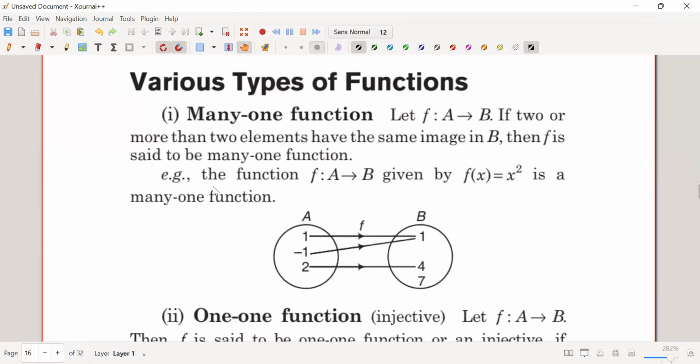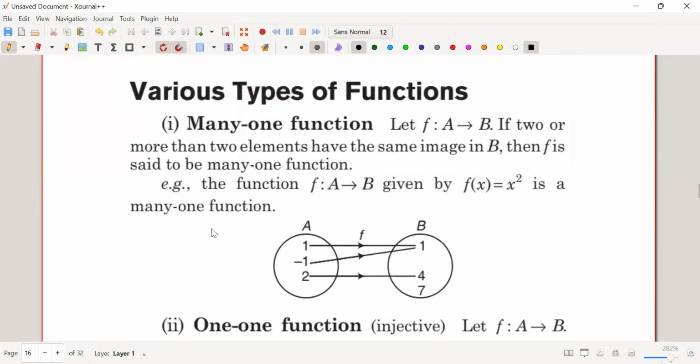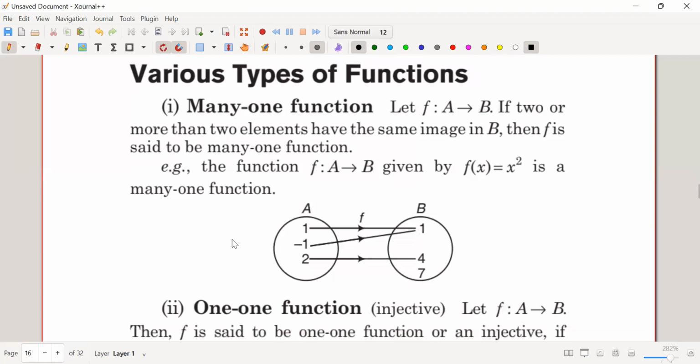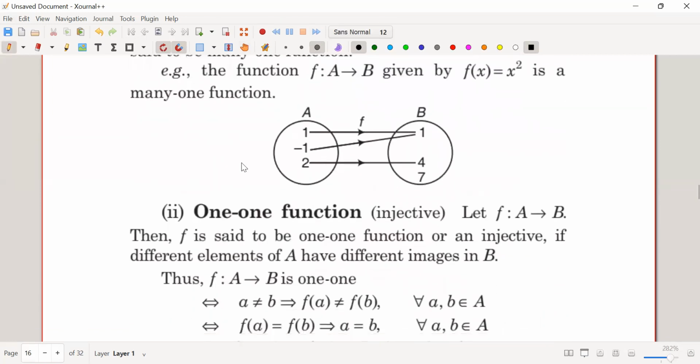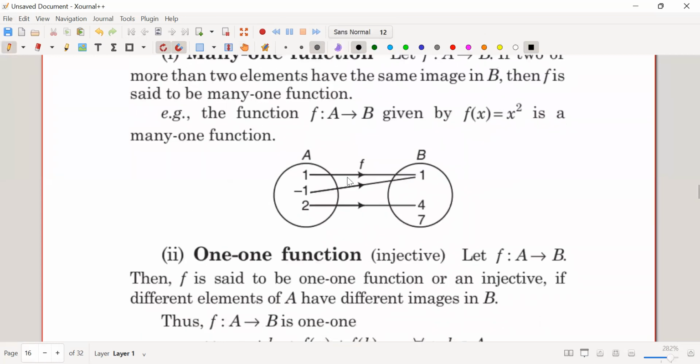What is a many to one function? Different elements of the domain having the same image. That is known as a many to one function.